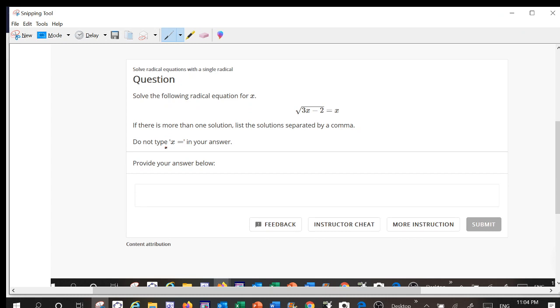So this one, we have a radical, so we can actually square both sides. On the left, when we square it, just 3x minus 2 comes out. On the right, we get x squared. So the trick with radical equations is to convert them to something we can solve.